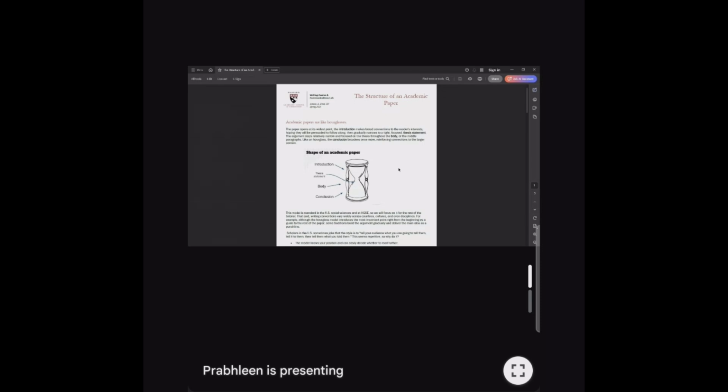Similarly, in the introduction, I'll tell you what I'm going to talk about, what the question is, and what the background of the question is. Then in the body, I'll talk about all the information that I've collected, either in the form of numbers, qualitative research methods, facts, figures, charts, and in the conclusion, I'll summarize whatever I have written in the body. So this is how it's divided into three parts.